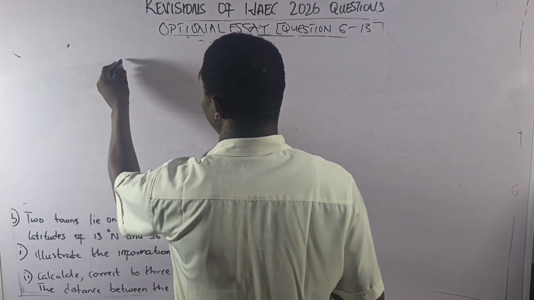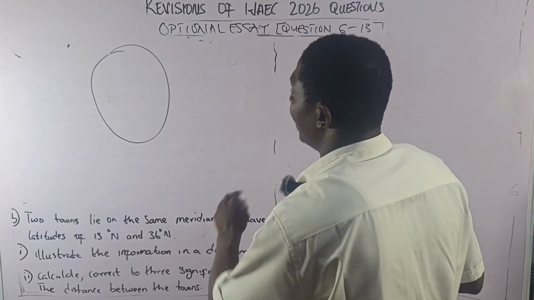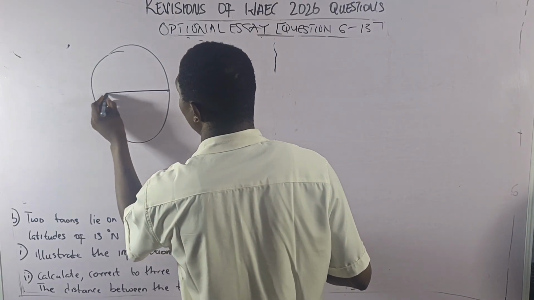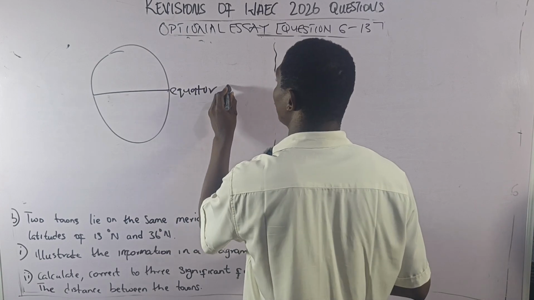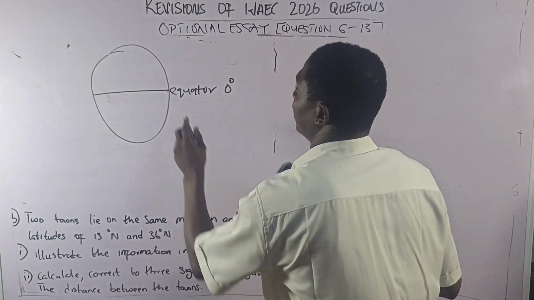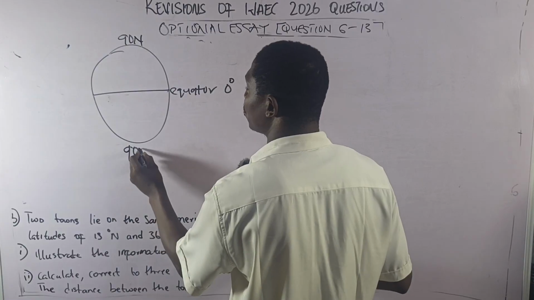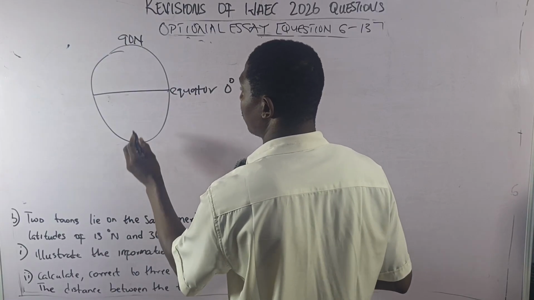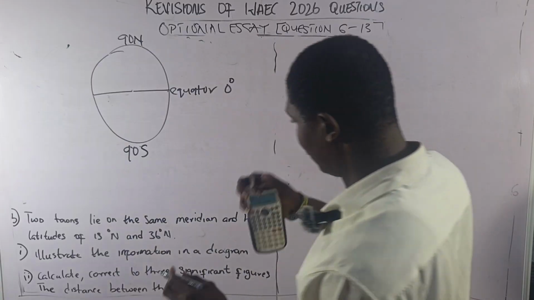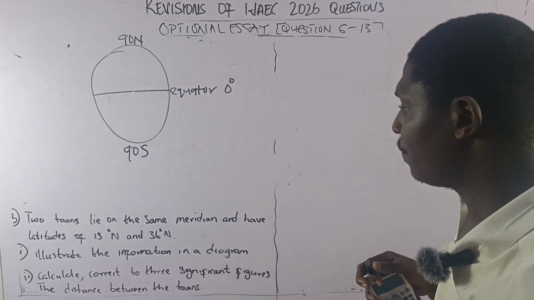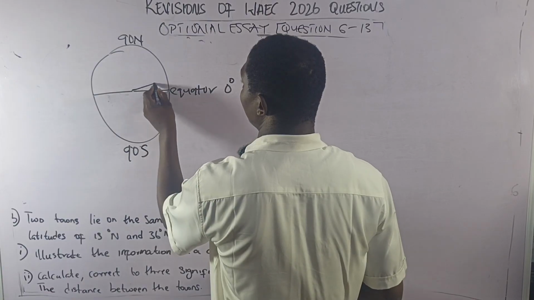So let me say this is my sphere. And the midpoint should be my what? Equator, which is what? 0 degrees. This is my 90 degrees what? North, and this is my 90 degrees what? South. This is the midpoint. Now, I have 15 degrees north, let me say this is it.